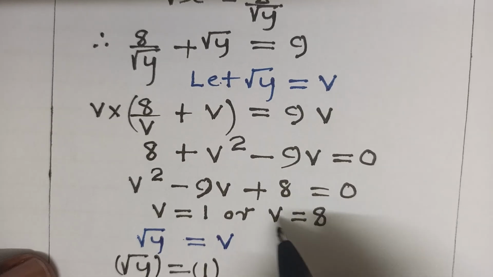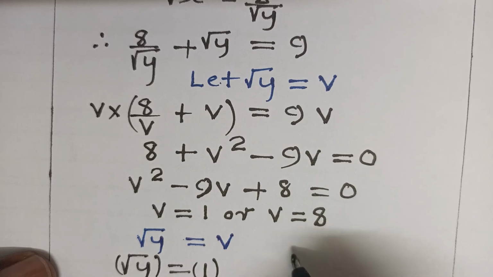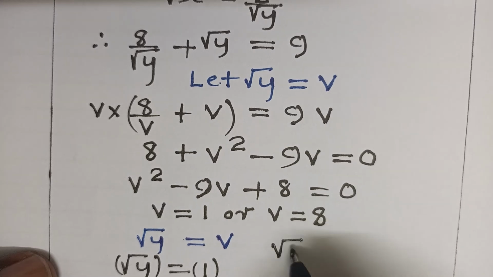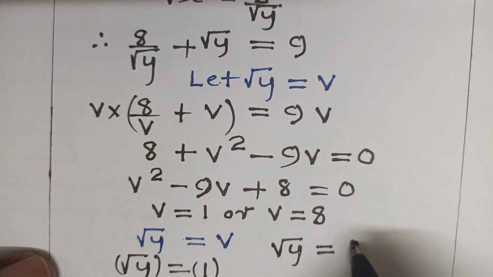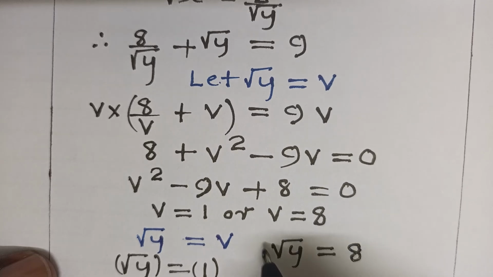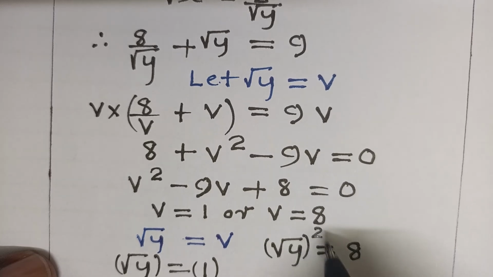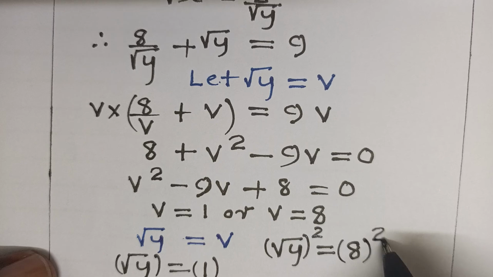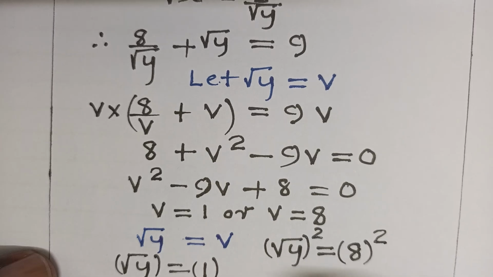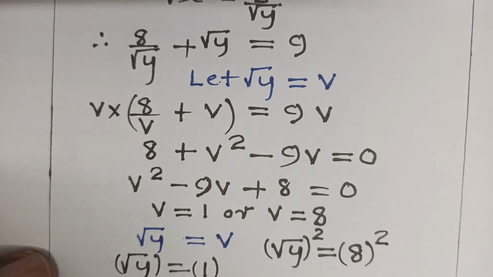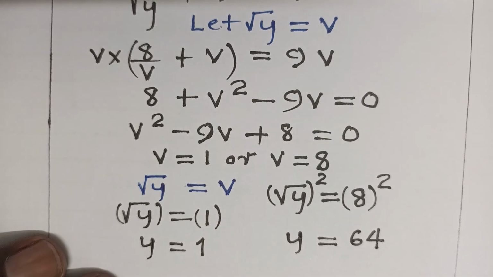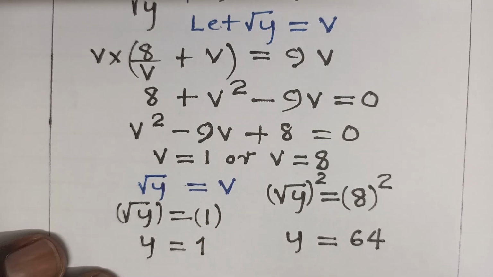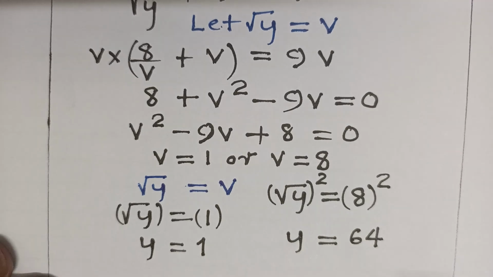On the other side, we shall have square root of y equal to 8. And so I square both sides, and y is going to be equal to 8 squared, which is 64. And so guys, we have y equals 1, y equals 64.